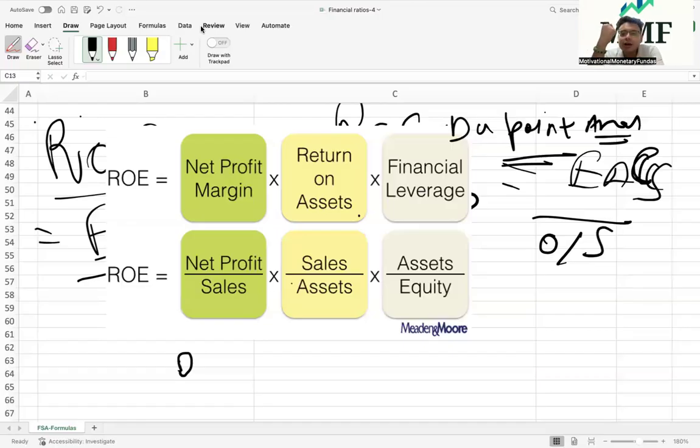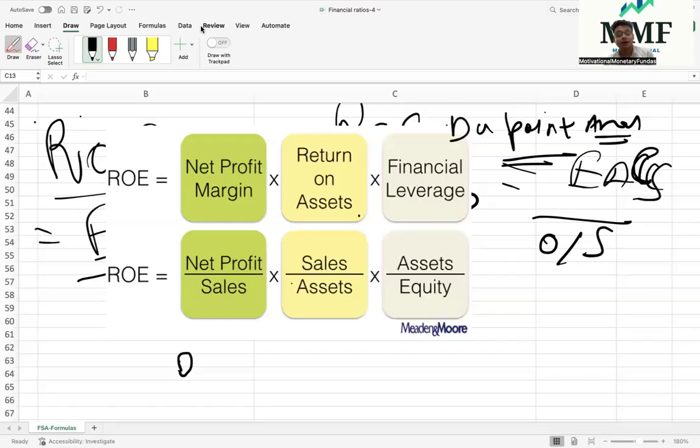We do not get to know how the ROE is linked to the net profit margin, to operating leverage, to the return on assets, and to the financial leverage. We don't understand. It is, quote, complex terminologies that will boost the ROE, and हमको पता ही नहीं है यार how it will boost the ROE. So ultimately we need to understand: if your net profit margin is rising, your ROE will rise.